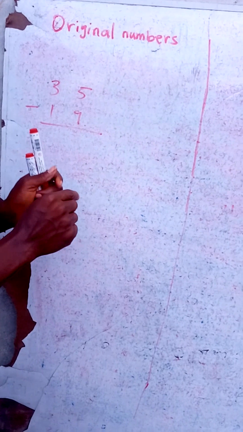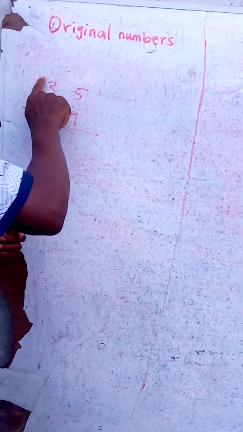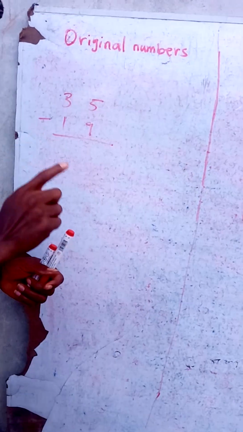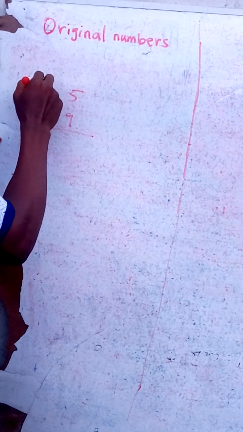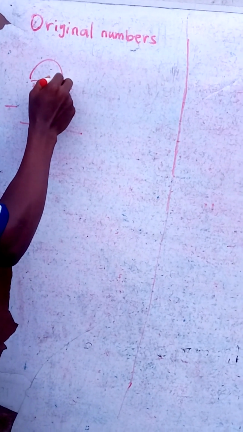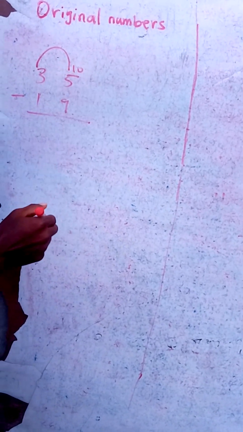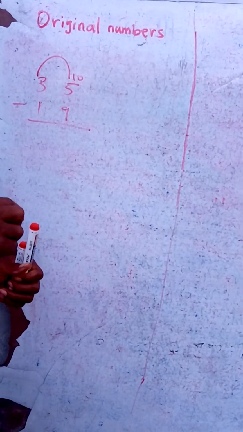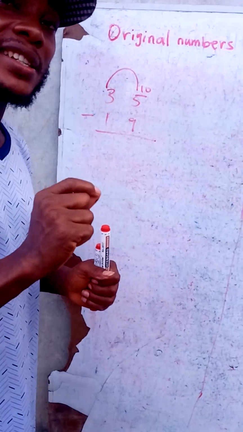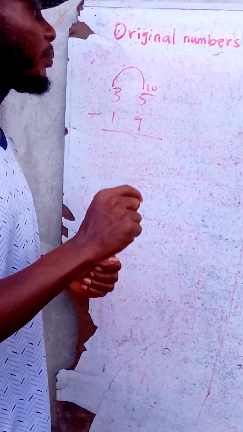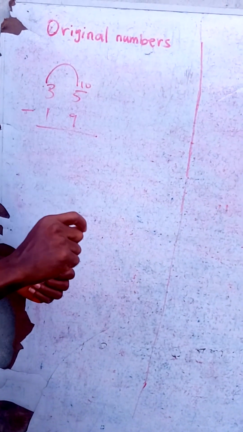So what we'll do, we'll go to the next value, from 3, and borrow 1. And that 1 we borrow is a 10, to tell you that whatever we do is based on this base 10.